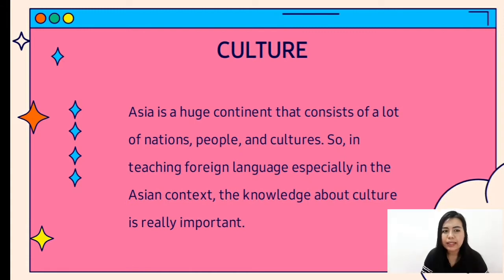For example, Asia is a huge continent that consists of a lot of nations, people, and cultures. So, teaching and learning foreign language, especially in the Asian context, needs knowledge about culture.